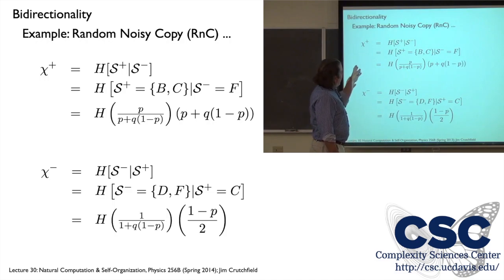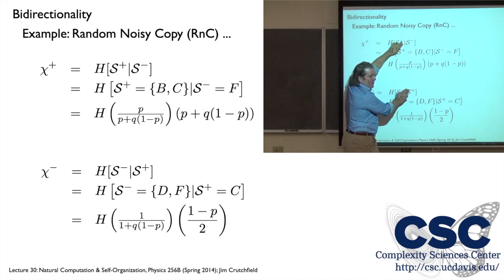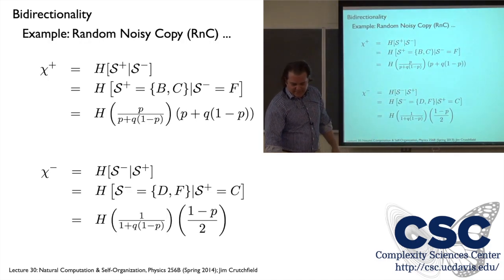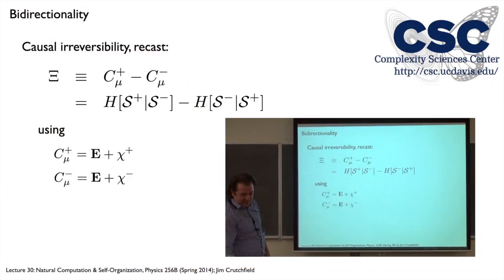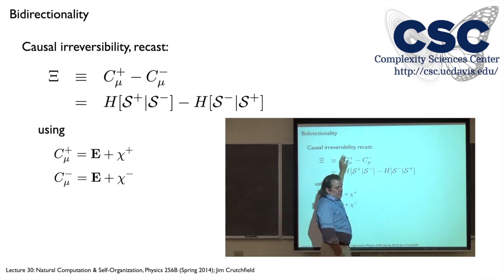We are starting to see how the crypticities play some role in the causal irreversibility, although we had examples that showed that they weren't the only determinant, but we can explore that a little bit. Remember, the causal irreversibility was just the difference between the forward stored information, forward statistical complexity, and the reverse.